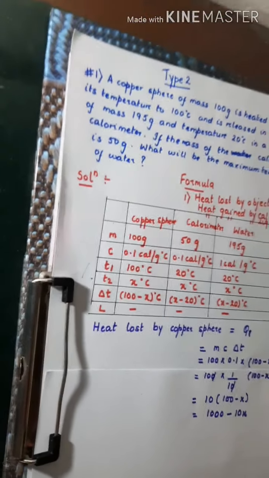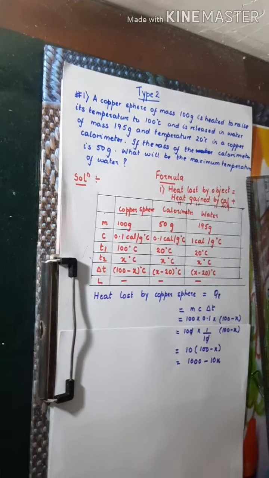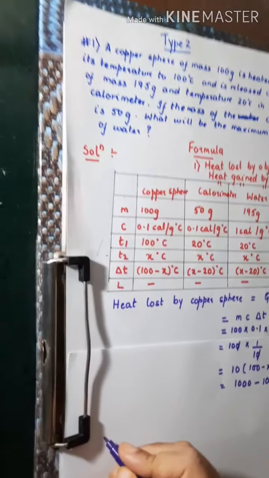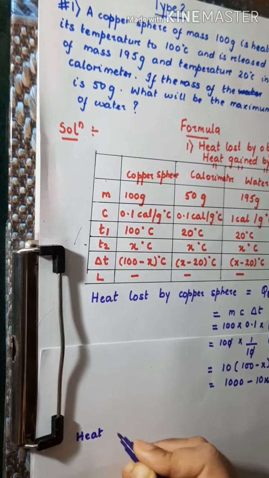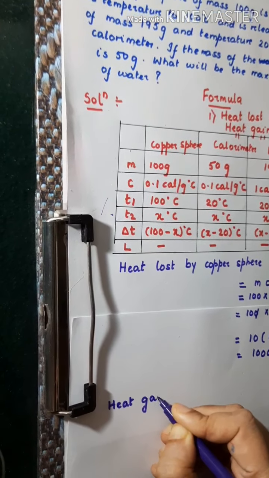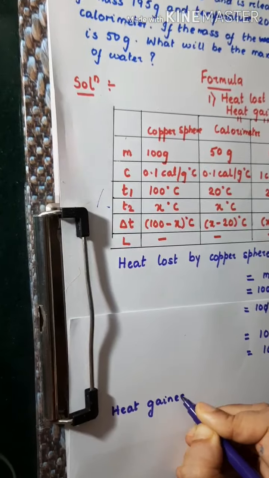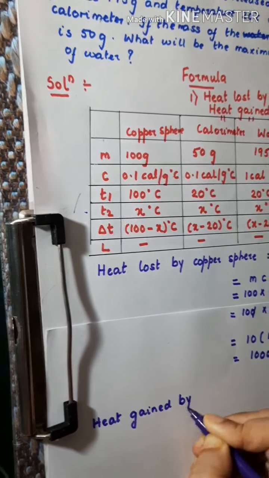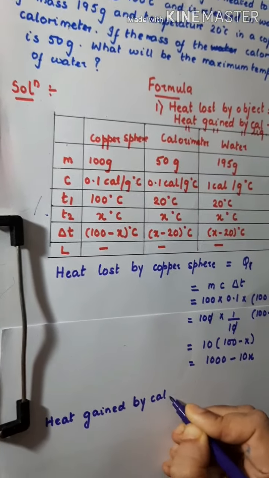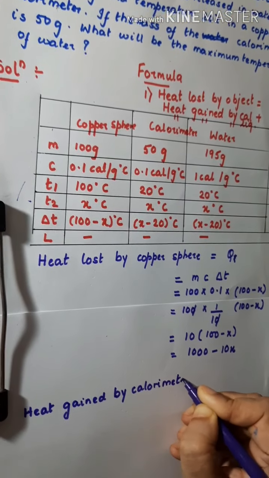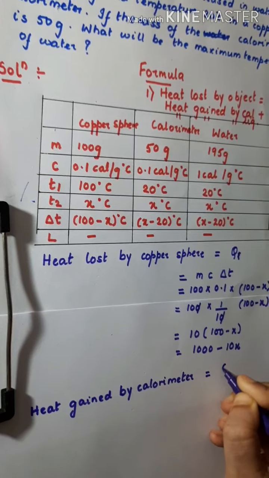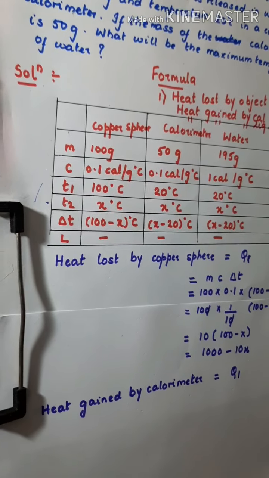Now, after this, I will say heat gained by the calorimeter. This I will call Q1.